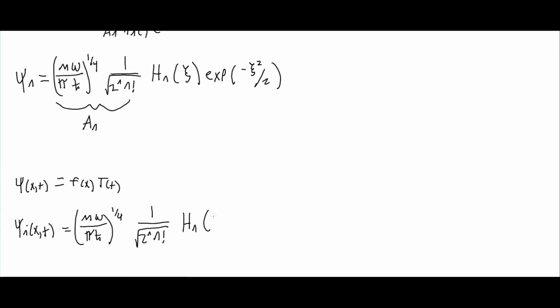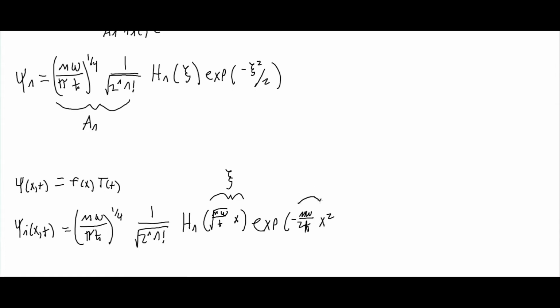And now because we are converting from xi to x, we will end up with a mass times angular frequency over h bar square root times x. So this is our xi here, and then times e to the power of minus m omega over 2 h bar times x squared.